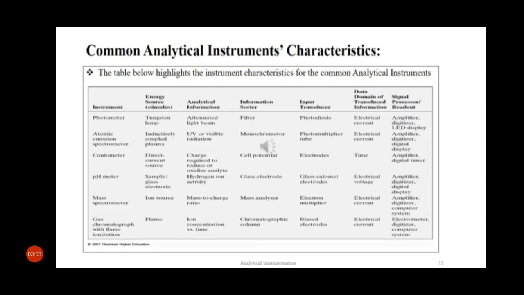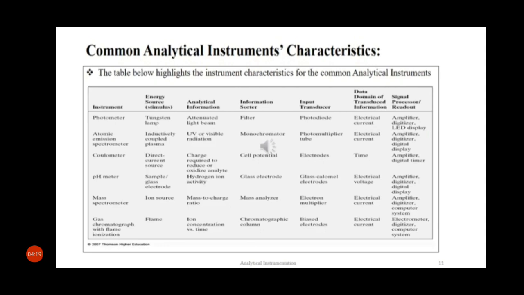Now here we see the most commonly used analytical equipment and how they respond to different criteria. For a photometer, the energy source is a tungsten lamp. Analytical information is the attenuated light beam.